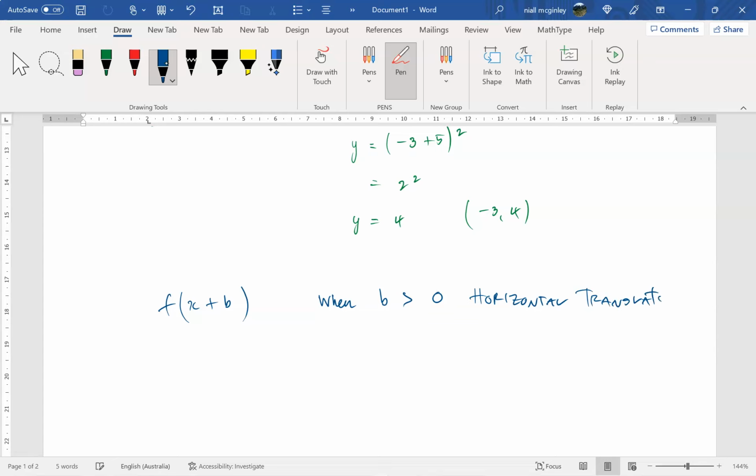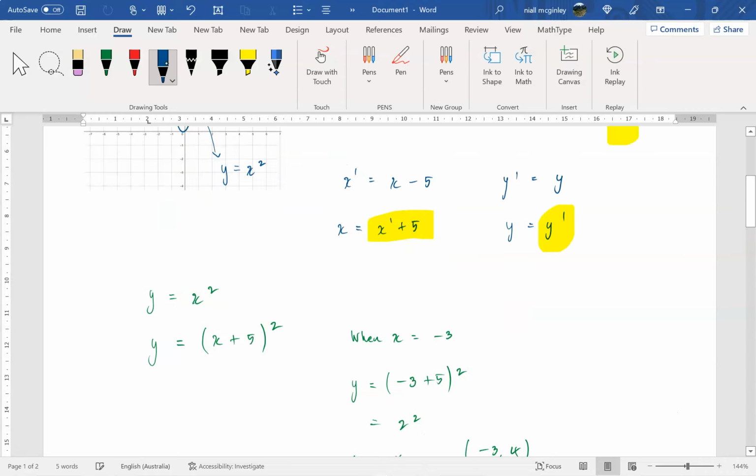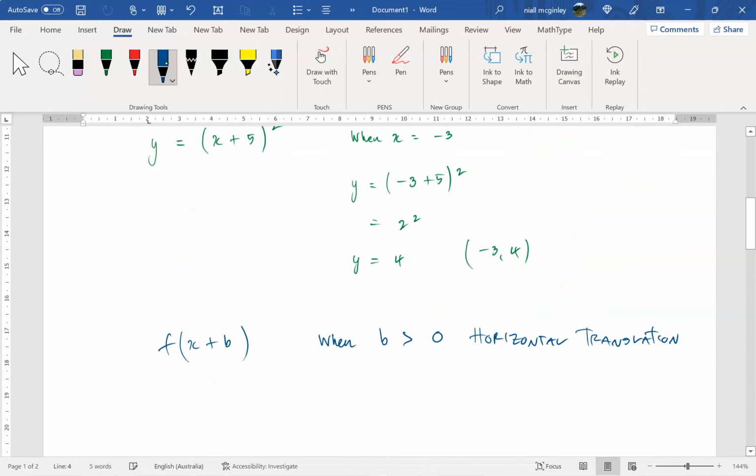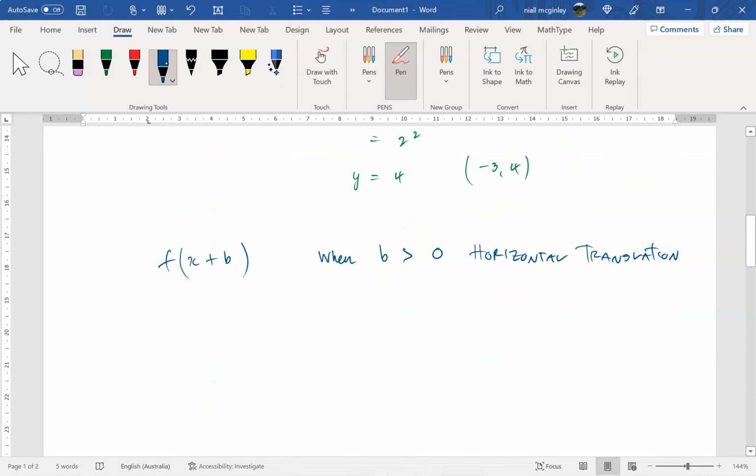And the reason for that is when we rearrange this point, you see, then it changes. So that's going to be left. And then when b is less than 0, you're going to be shifting it right. Okay, so left and right. But you should know that from the parabolas.